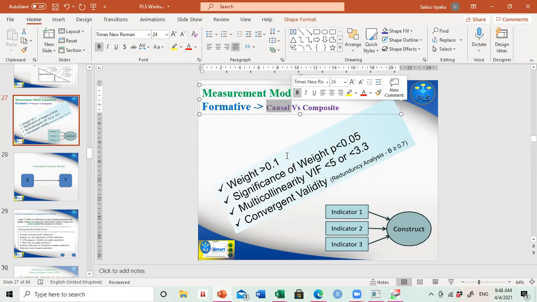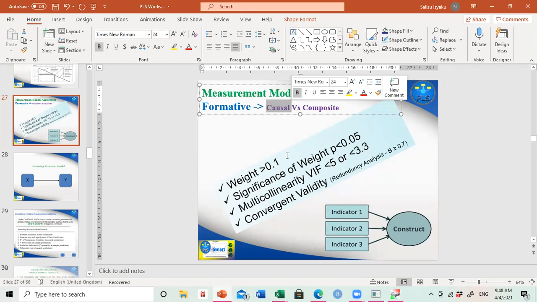So these are some of the examples, so you can read further and understand it well. You just cannot delete just like that, you have to have a lot of justification why you delete them. Then I told you, you test for significance. It should be greater than 0. It should be greater than 1.64. Then you check for collinearity because they are formative constructs.